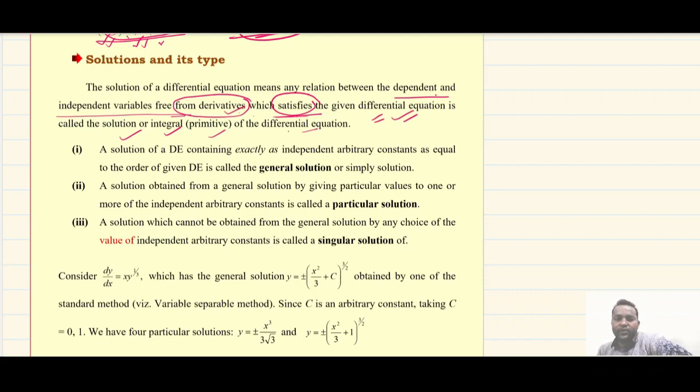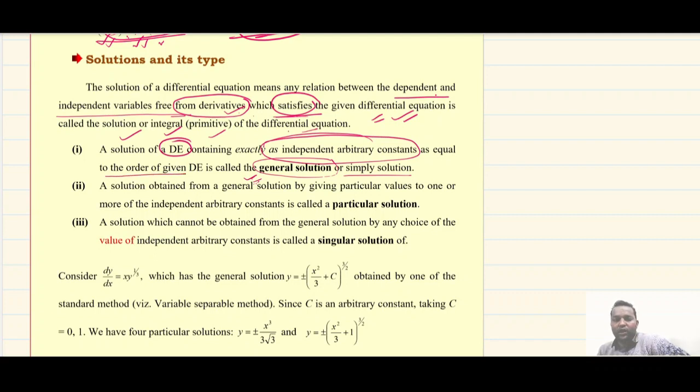Now, types of solutions of a differential equation: basically three types exist. The first one is the general solution, or simply said to be the solution. General solution is that solution in which exactly as many independent arbitrary constants are involved as the order of the given differential equation.